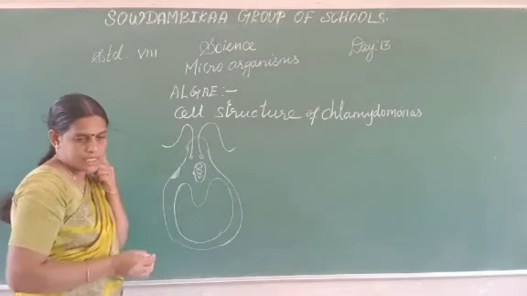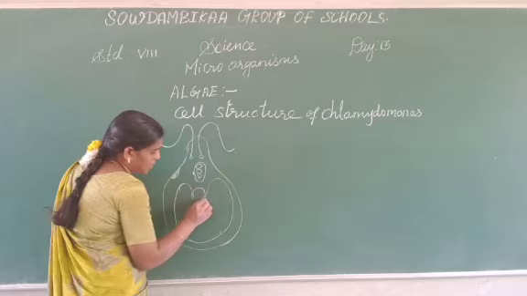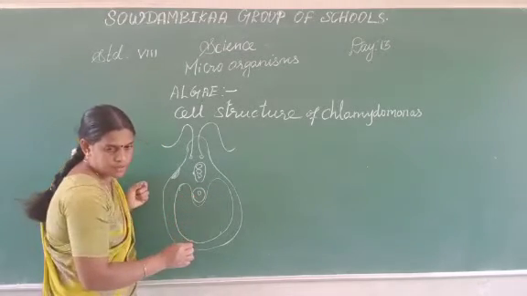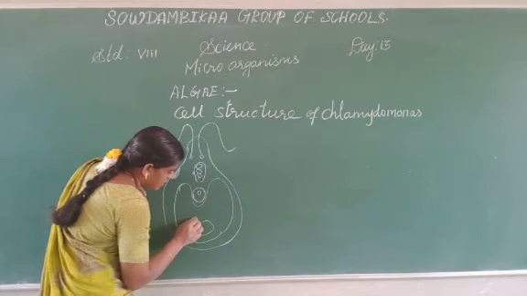This is a mitochondria, and here you draw the nucleus. Yes, eye spot. Next, food granules.